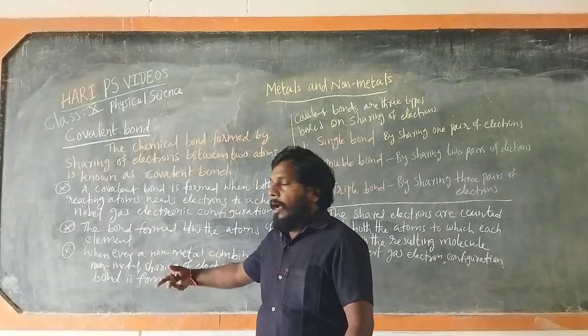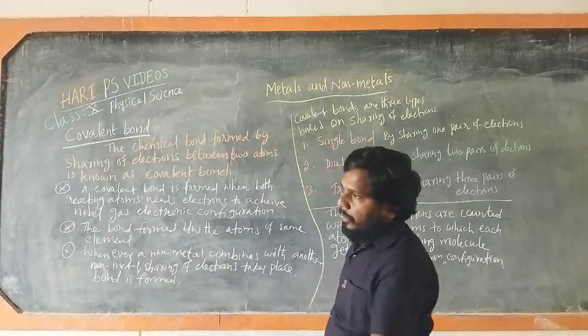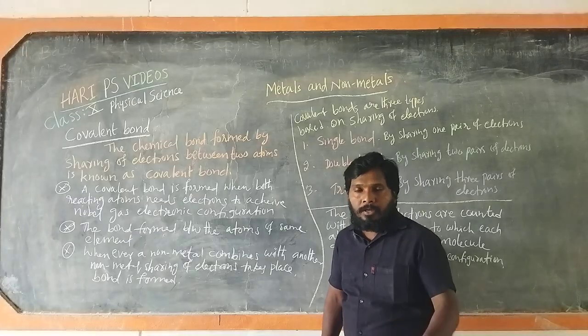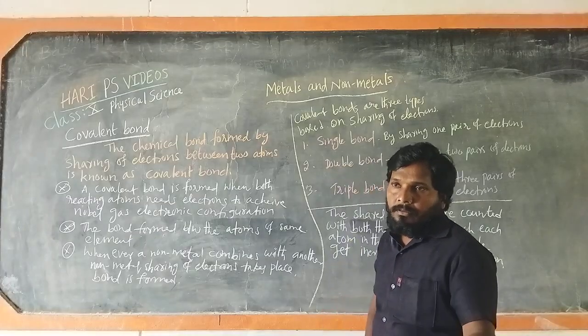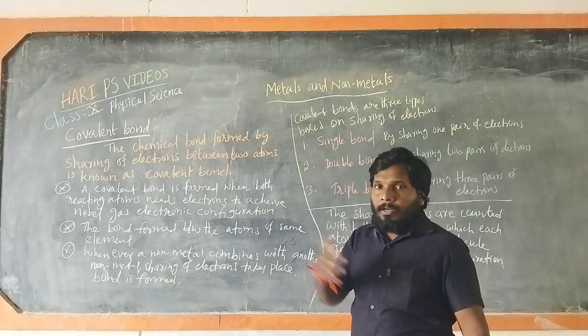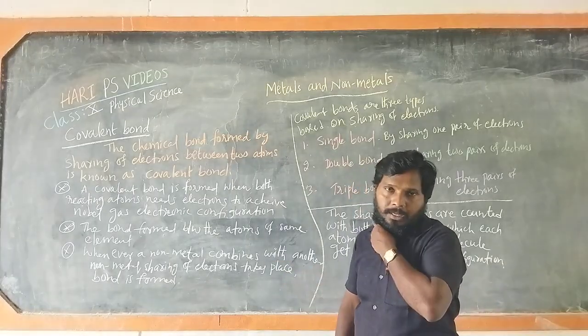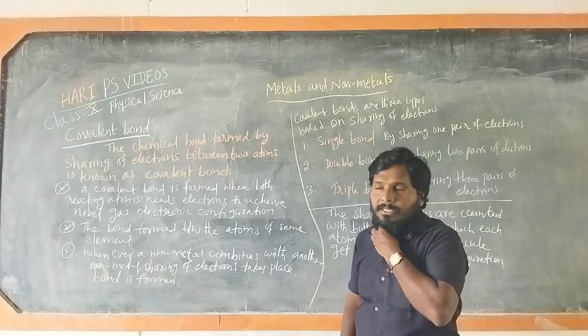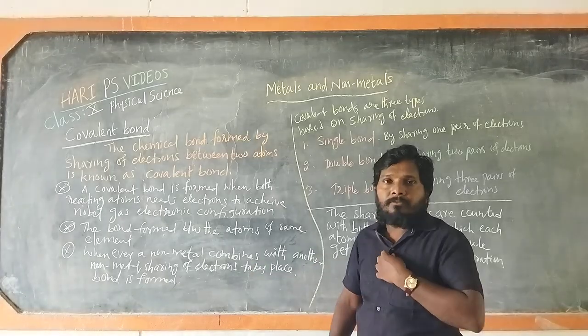Non-metals like hydrogen, chlorine, bromine, iodine, oxygen, sulfur, nitrogen, these are all non-metals. So when one non-metal is combined with another non-metal, sharing of electrons takes place, then a bond is formed.